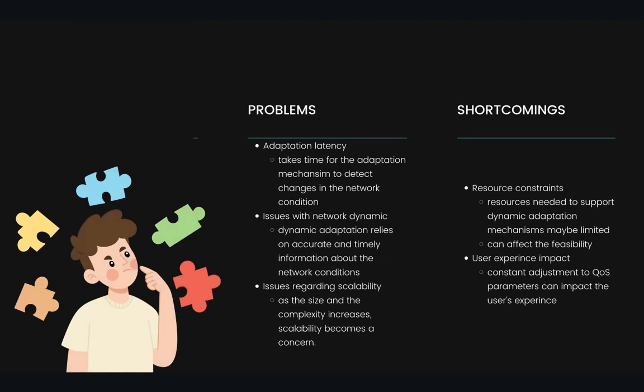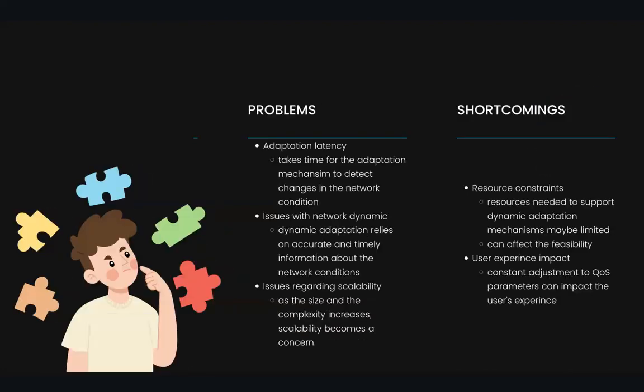So the resources needed to support dynamic adaptation mechanisms may be limited, and the user experience is also impacted, as constant adjustments to QoS parameters can impact the user experience, especially if the adaptations are noticeable or introduce artifacts in multimedia content. Our proposed methodology.